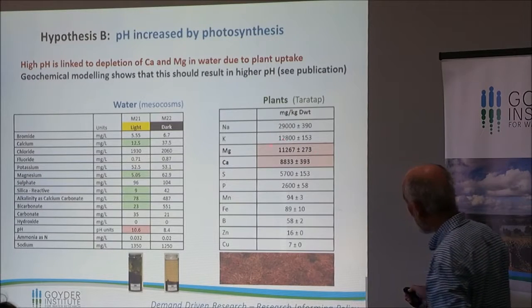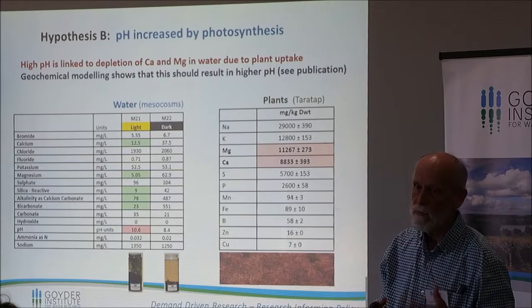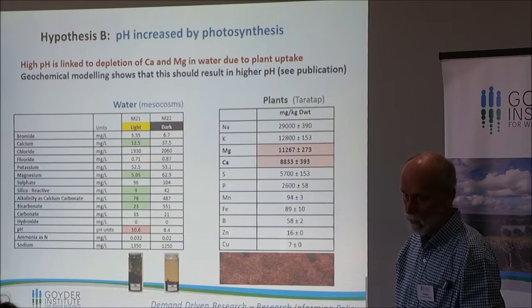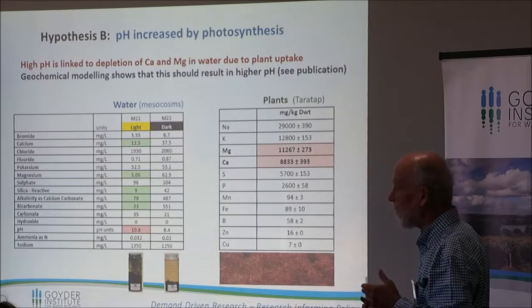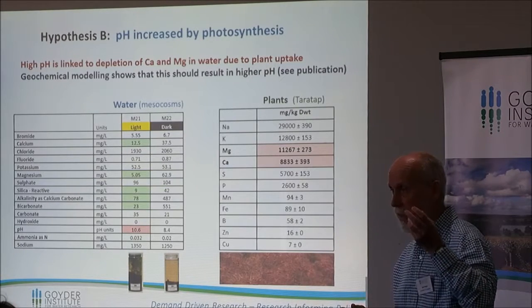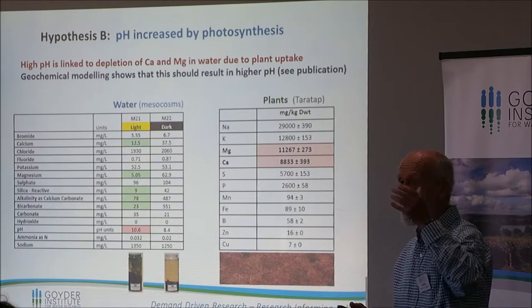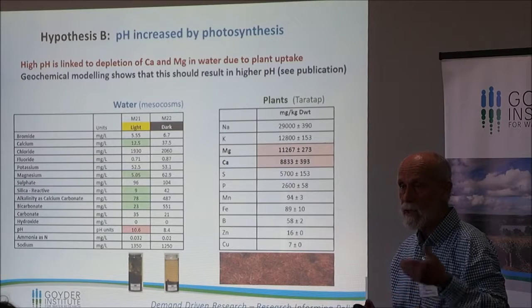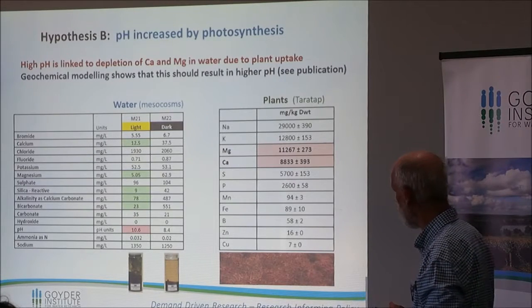If you measure the amount in the plants, you see that there's a huge reservoir of calcium and magnesium which has been fixed into these plants. So in addition to taking carbon dioxide out of the water and causing the pH to rise, we have reductions in calcium and magnesium, which of course are going to affect the geochemistry of the water system.